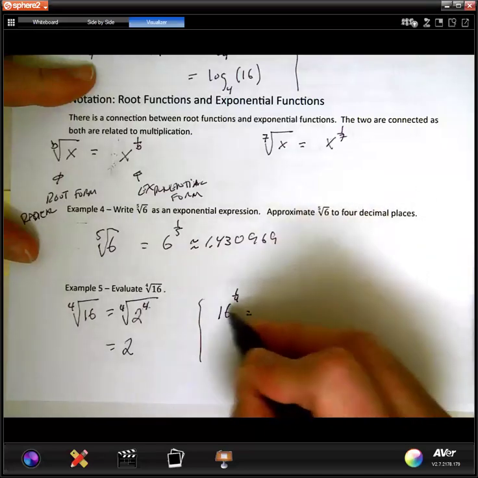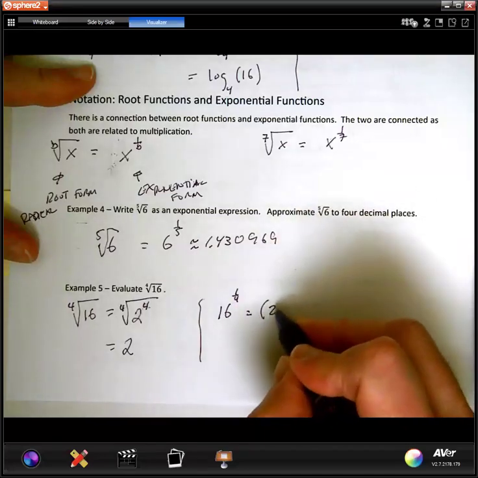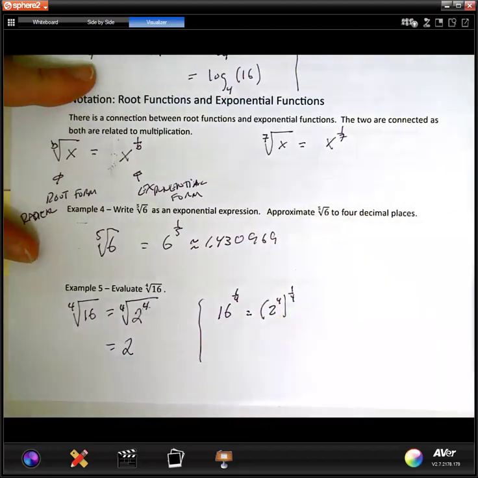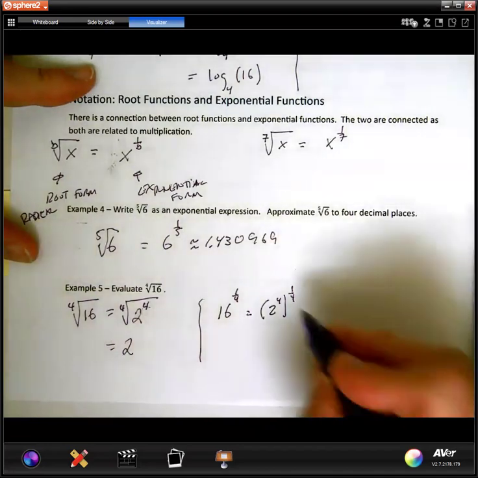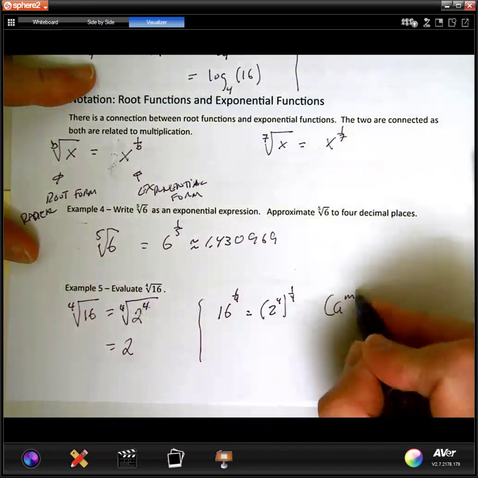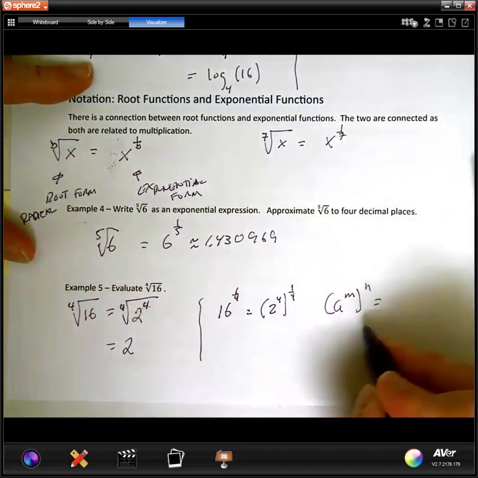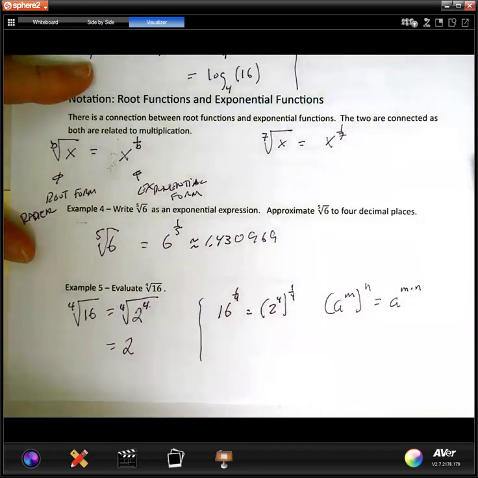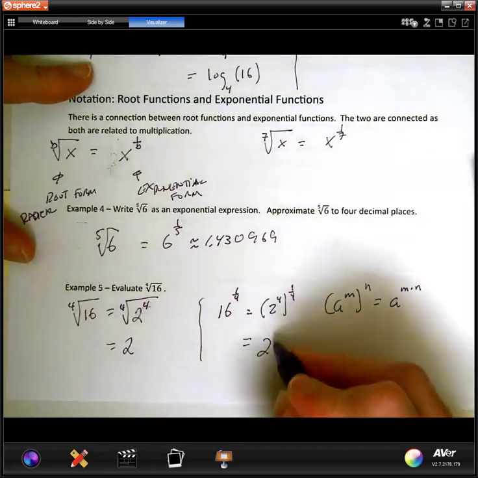But then if I write 16 as 2 to the 4th, I recognize that all of a sudden I have this exponential rule that says power to a power. If I have a power to a power situation, it's just a product of the powers. So now let's come over here, 2.